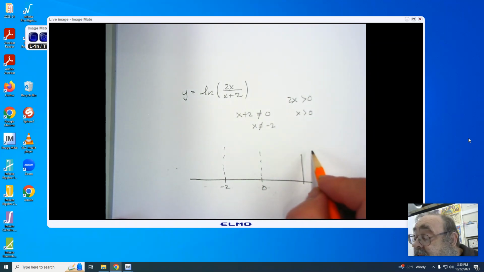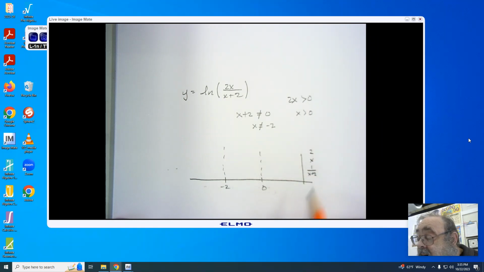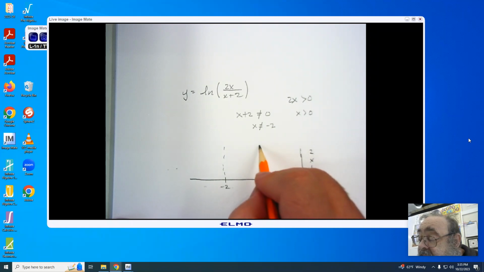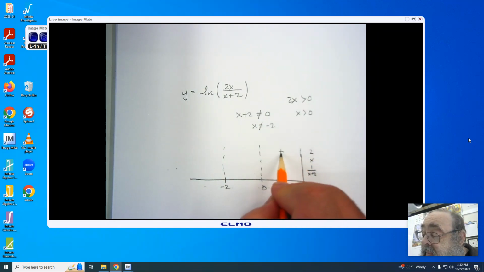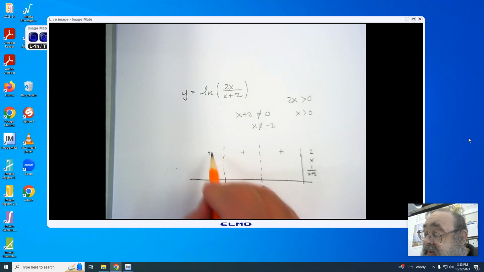Alrighty, we're going to put our factors. A 2, an x, and 1 over x plus 2. Now I know some people think that it's really silly for me to break the 2 from that x, but it is a factor, and we have to remember that. And occasionally, we need that negative when a negative happens. So I'm just going to put it up here just to make sure that I am being consistent.